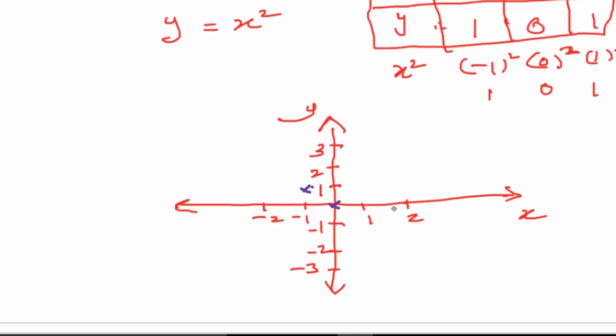And the third point has the coordinates 1 and 1, which is right here. So when we draw our function, we'll just connect the 3 points, which is like so. Now that's how we would normally plot y equals x squared.